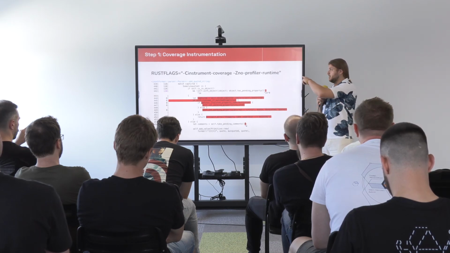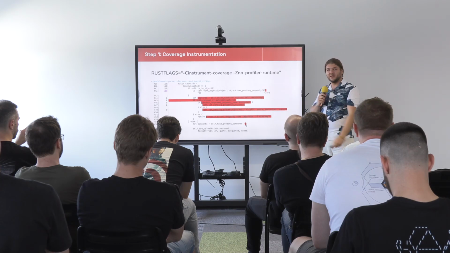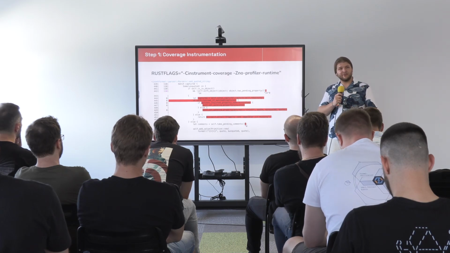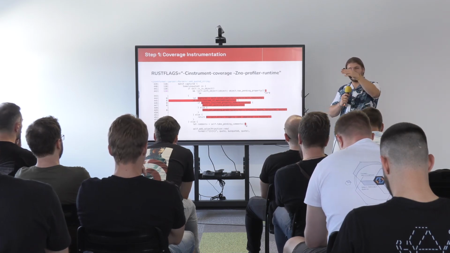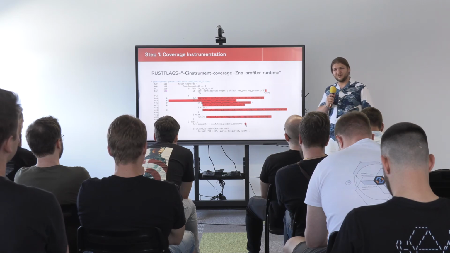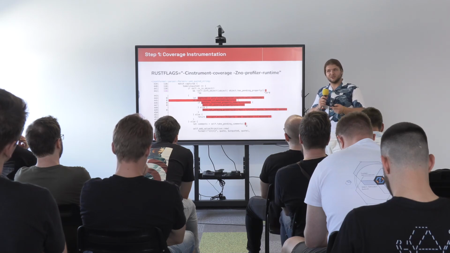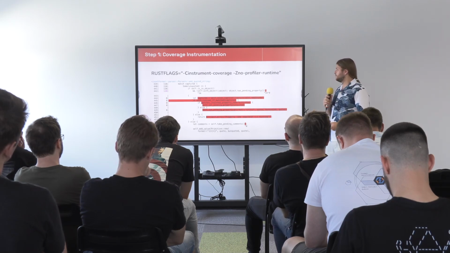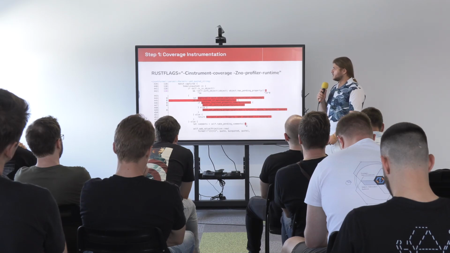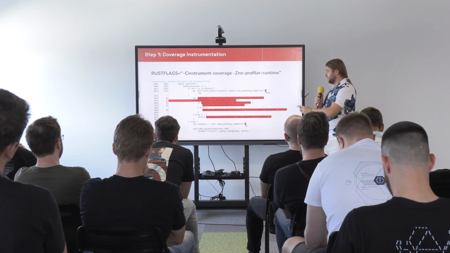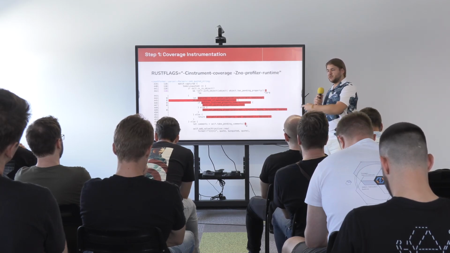Because normally, the instrument coverage pipeline automatically writes these as profraw files. It writes the profiler data out into some target directory, etc. But we cannot do that here because it's all happening within a VM. So the first step, we're getting coverage instrumentation. It's okay. We just cannot get this coverage data out.